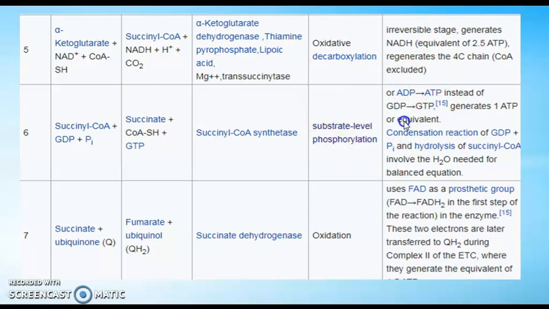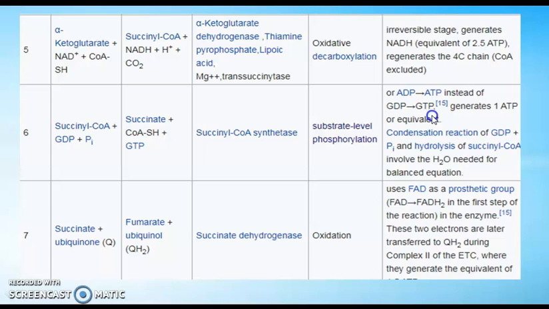We will learn in detail about both substrate level and oxidative phosphorylation in another video. So this much you study: the production of ATP from the substrate itself. Because of this, succinyl-CoA plus GDP gives succinate with the production of GTP, or this ADP can be converted to ATP.